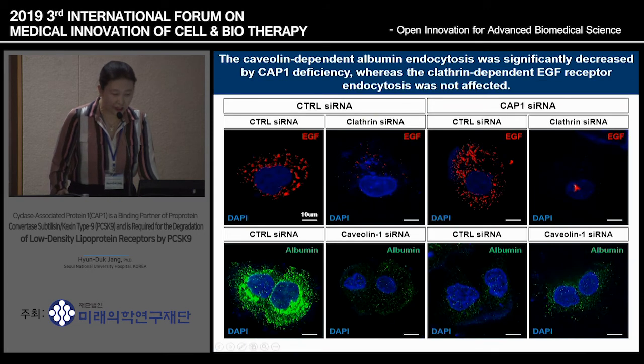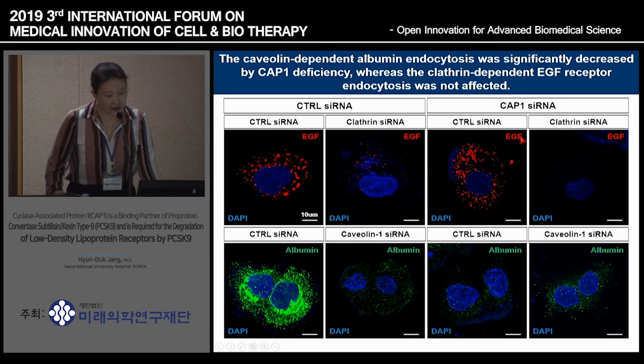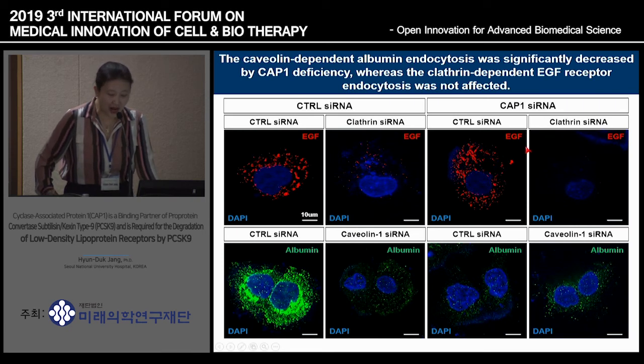So next, our question is, is this a specific event or a general event? Here, EGF is known for clathrin-mediated endocytosis, and albumin is known for caveolin-mediated endocytosis. In CAP1 knockdown cells, EGF-mediated endocytosis is still detected, but albumin-mediated endocytosis is defective.